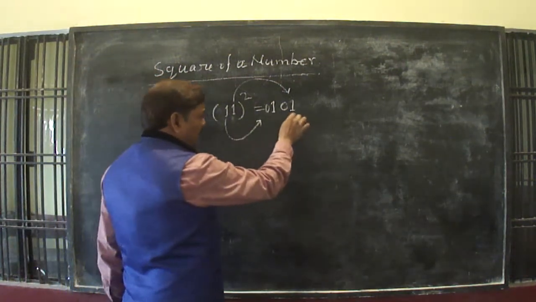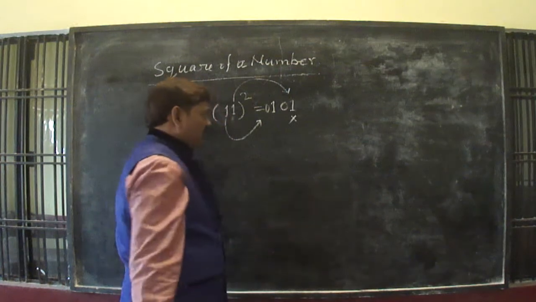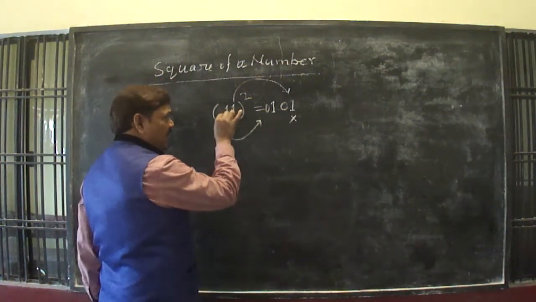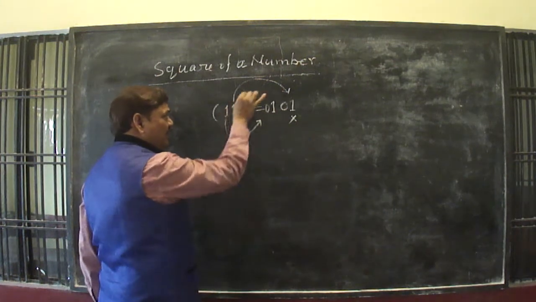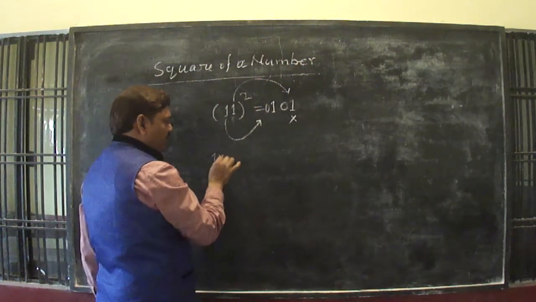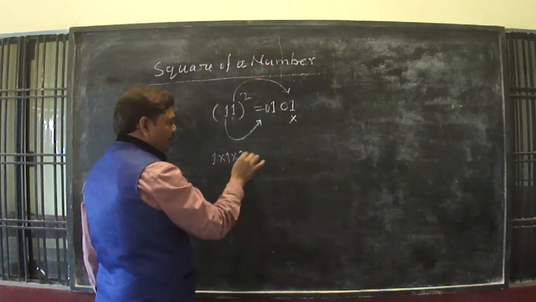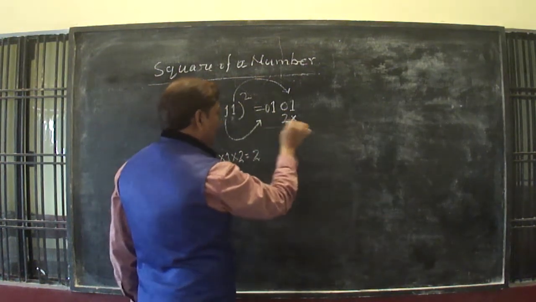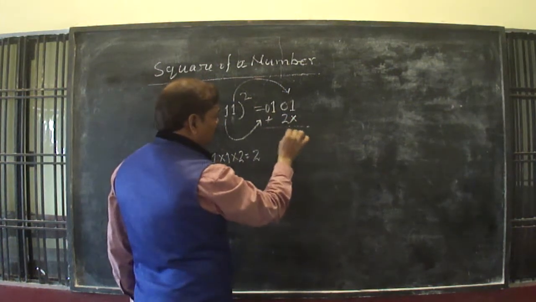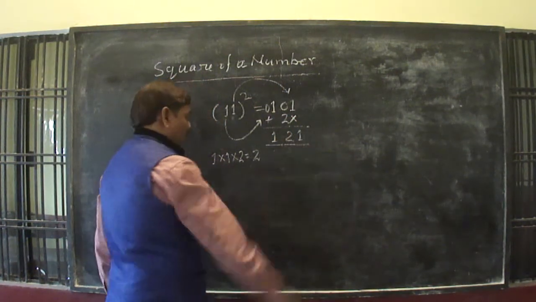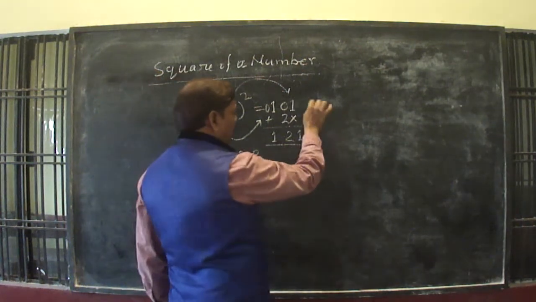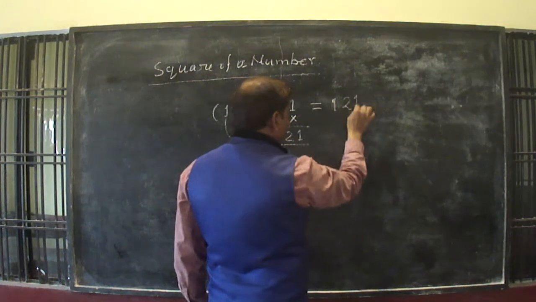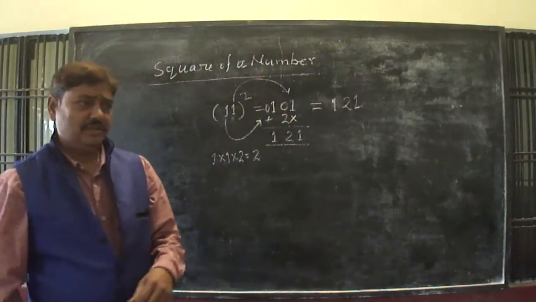Now put a cross at the unit place of this number, and then we multiply these numbers 1 into 1 into 2, we get 2, and place this 2 in this place and add up these numbers. So we get square of 11 is 121.